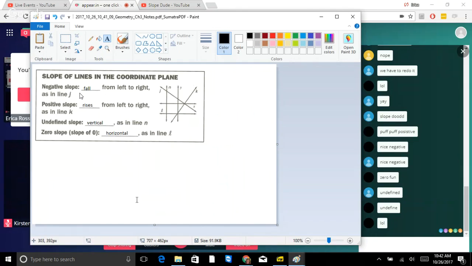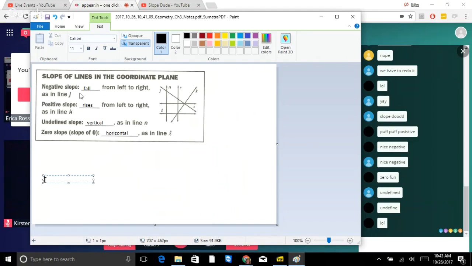Okay. And then the other thing, up right at the top of your page, I kind of cut it off, but at the top of your page, let's make it a little bit bigger. We have the word slope. So we're going to define it in geometric terms.